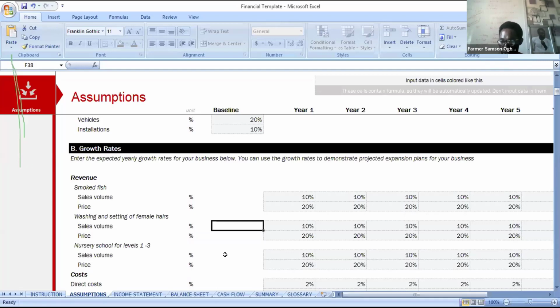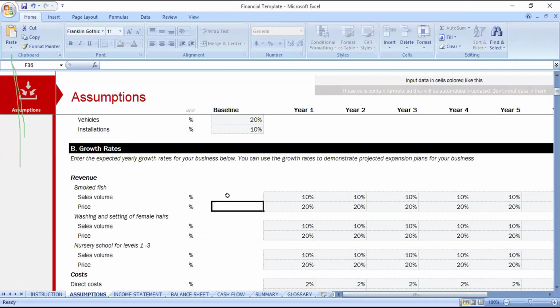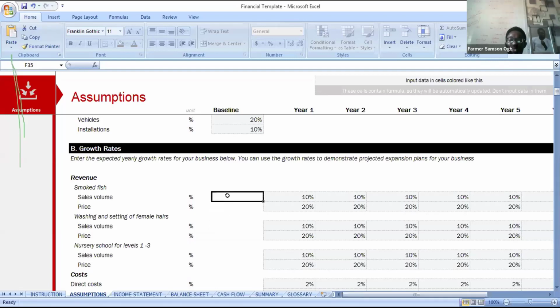Any question, any confusion? If you have questions, just post them. So for example, let's say, remember we are doing assumptions. If we assume that the man doing smoked fish sells approximately 2,000 kilograms of fishes per year, an assumption, the woman doing washing and setting, let's say in a week, you attend to 70 people, washing of hair and setting alone.